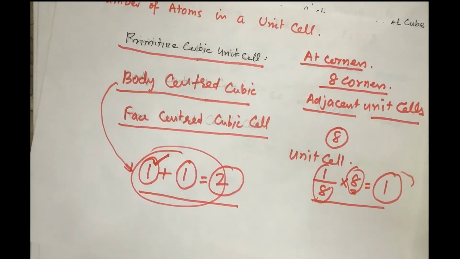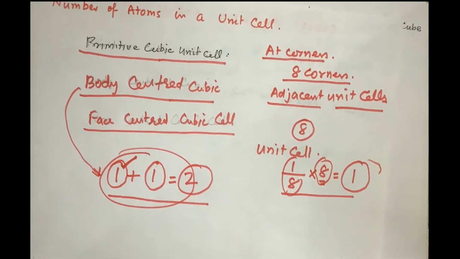If we take a simple diagram, there are 6 faces in a cubical structure. So there are 6 particles.